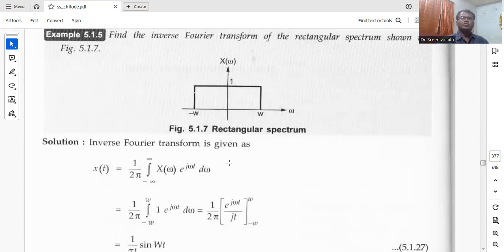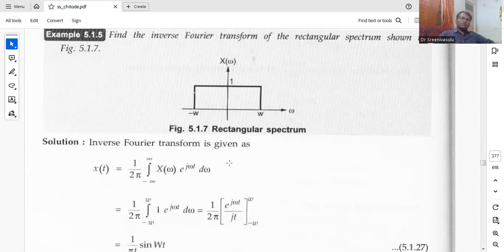Now, suppose the signal is a rectangular pulse in the time domain. In the frequency domain, it is a sinc function. Now I am changing this: the rectangular pulse is in the frequency domain. Previously the time domain signal was a rectangular pulse and the frequency domain was a sinc function.